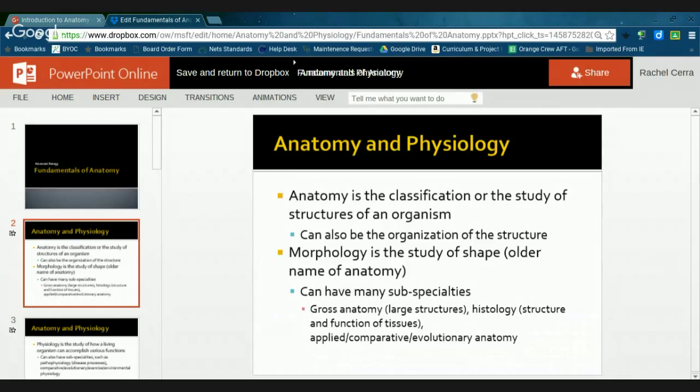Another word that sometimes is used in place of anatomy is morphology. It's kind of an older term. Specifically, you're talking about the shape, not necessarily the organization, just the shape and the structure. So maybe what bones there are and where the bones are located, that would be the morphology. The organization might be how these are put in relation to one another.